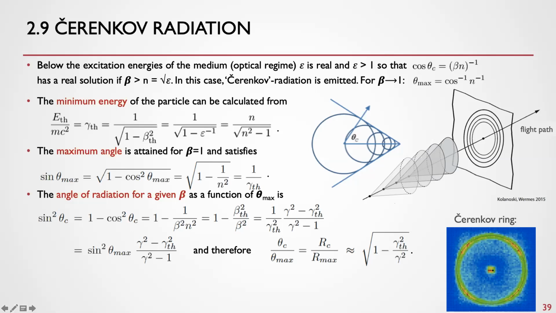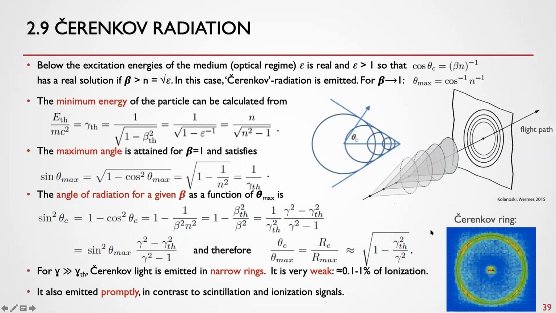And this explains why we see rings, because it's more likely that the emission happens closer to the maximum value and then it is attenuated. And this predicts the appearance of Cherenkov rings, which took a while to see.